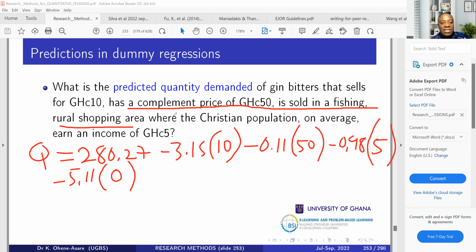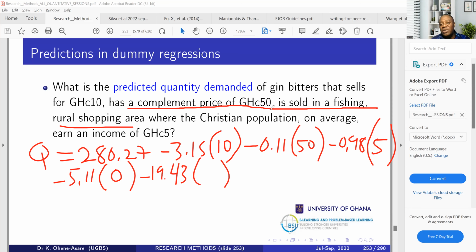Then you go to your next number. If you check yours, you'll notice that one is 19.43. So you do minus 19.43. And which one is that? That is occupation teaching. You were told here that these people are in efficient rural.